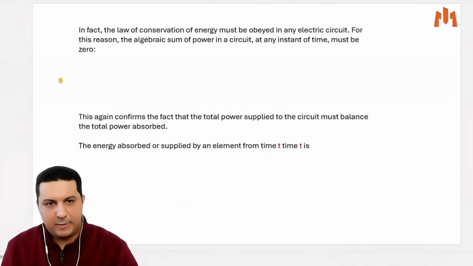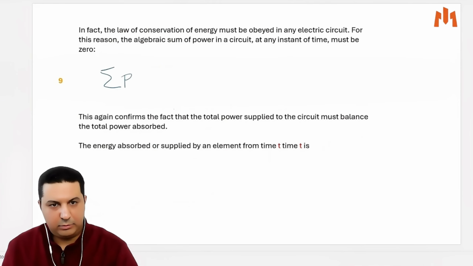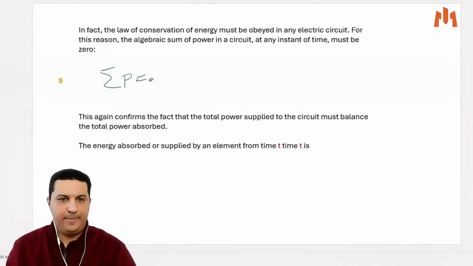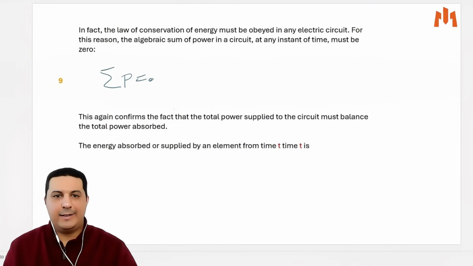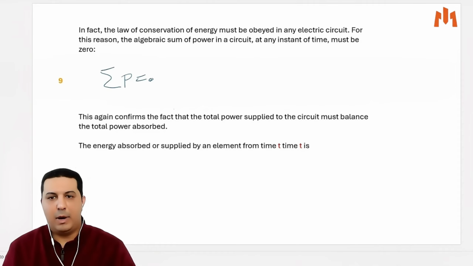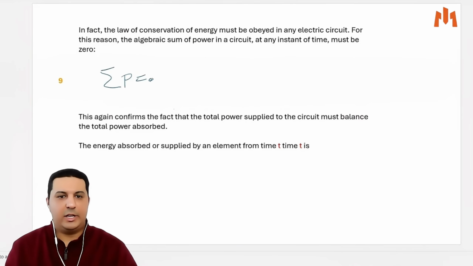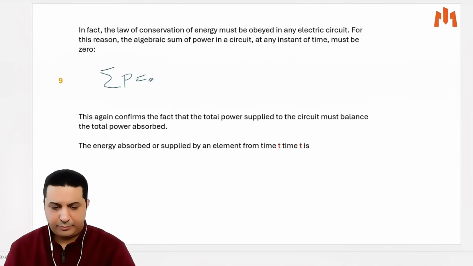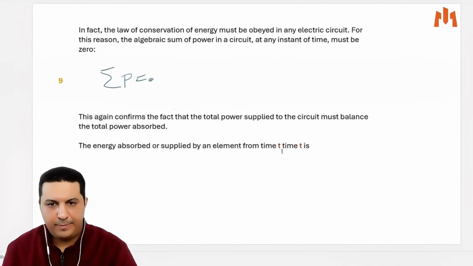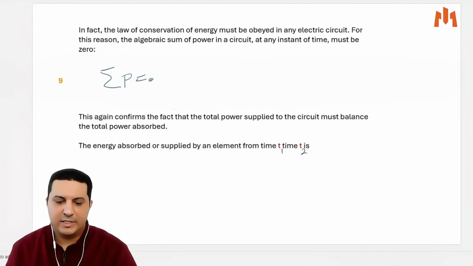It shows this: the sum of power is zero. This again confirms the fact that the total power supplied to the circuit must balance the total power absorbed. So the energy absorbed and supplied by an element from time t0 to t1 is like this.